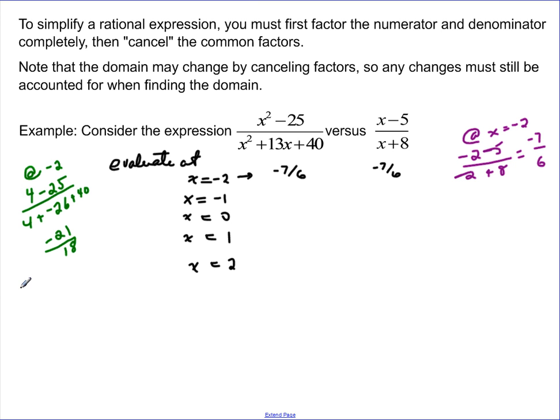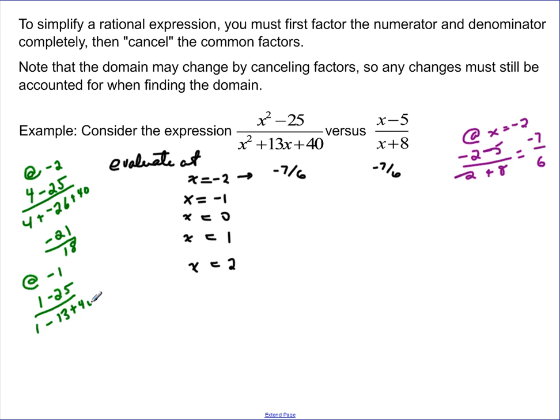Let's try it at x equals negative 1. That gives us negative 1 squared, so that's 1 minus 25, and negative 1 squared is 1 again, plus 13 times negative 1, so minus 13 plus 40.